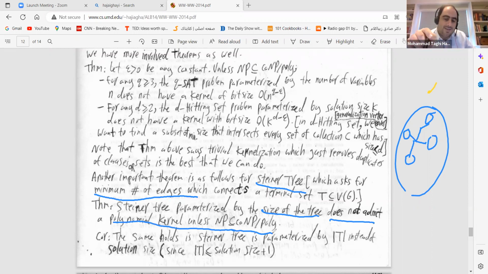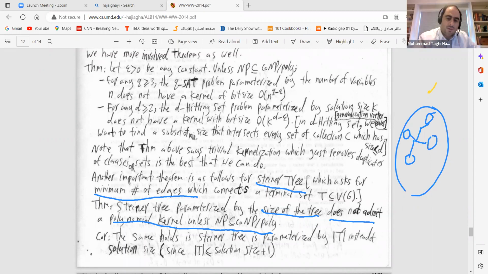Again, co-NP/poly is just some variation of co-NP. You can see the exact definition on Wikipedia or in the book. So for some problems like Steiner tree, you cannot get a kernel whose size is polynomial in k. The size of the kernel itself would be exponential.